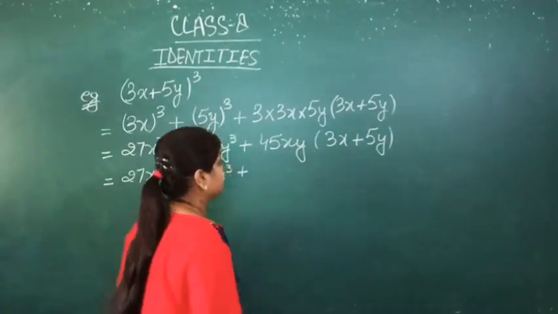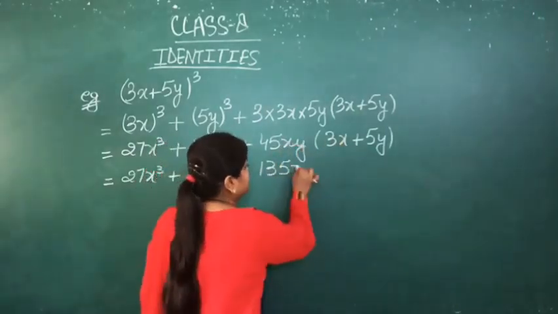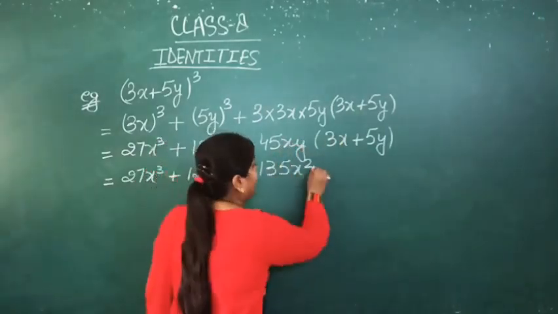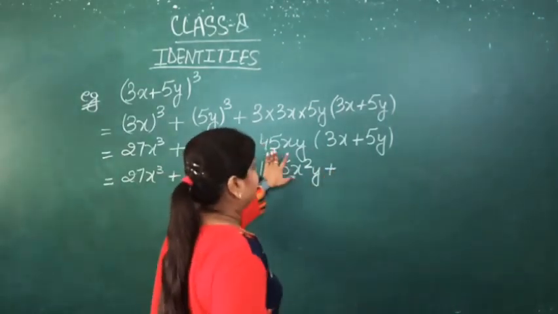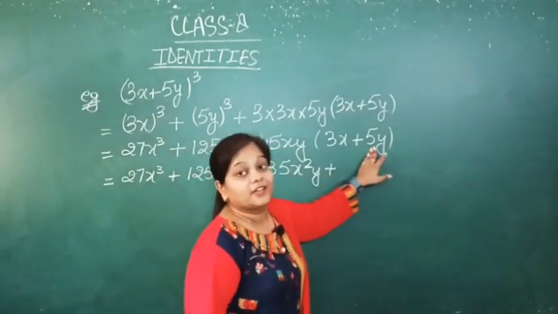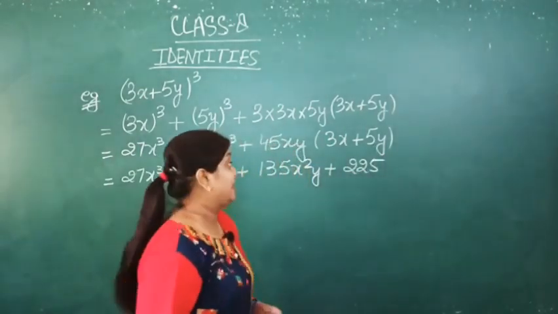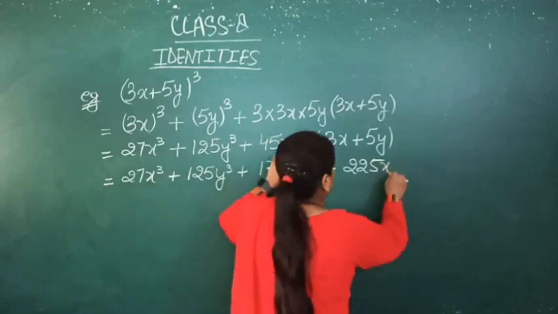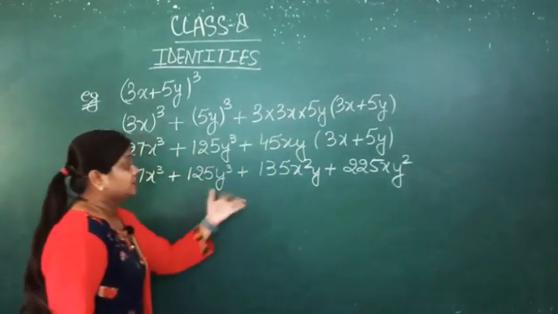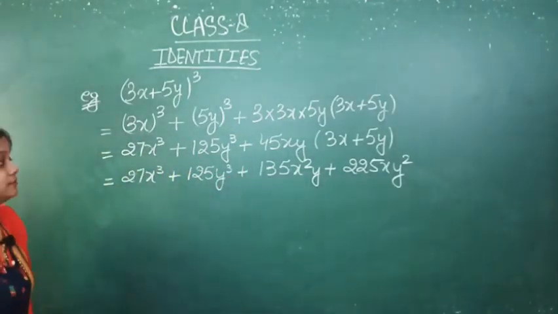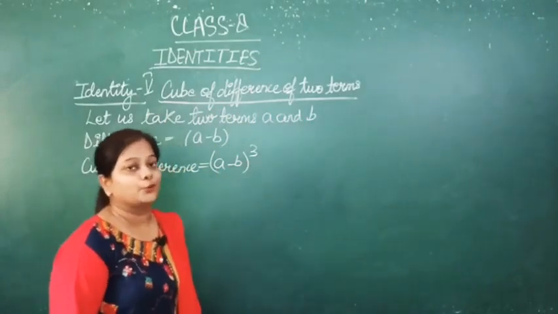So 45 into 3 is 135, x into x is x square and y, plus 45 into 5 is 225 and x and y into y will give y square. This is our answer. Fifth identity is cube of difference of two terms.